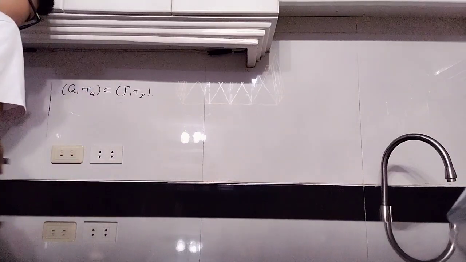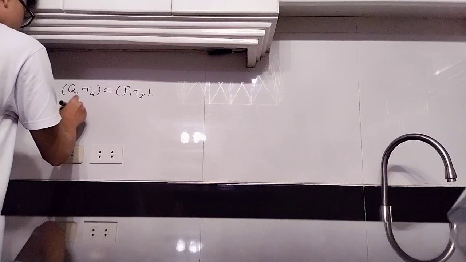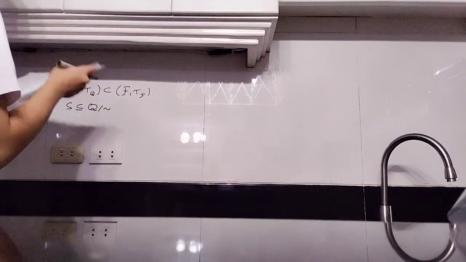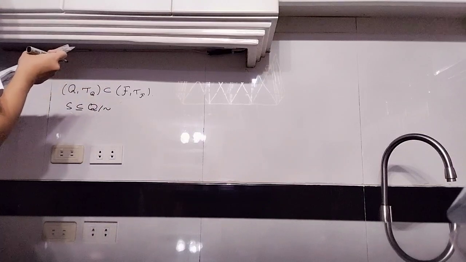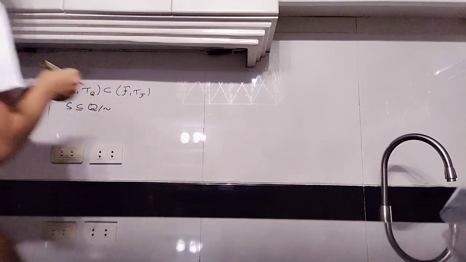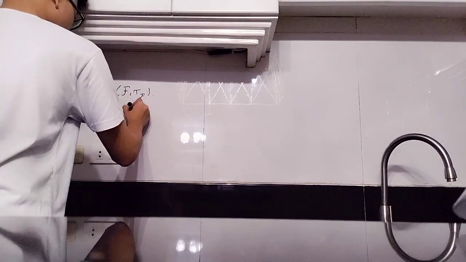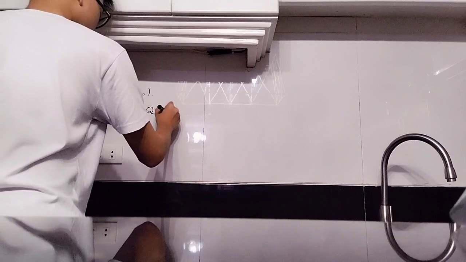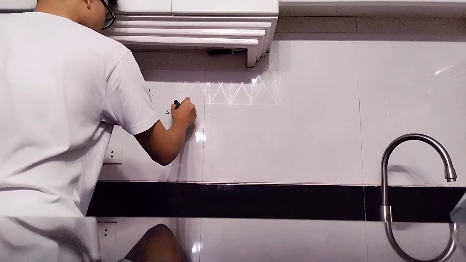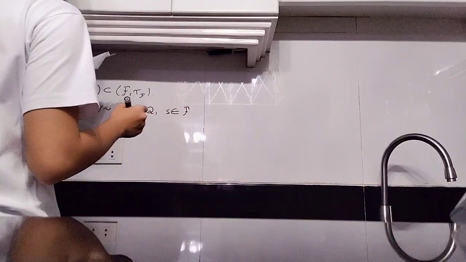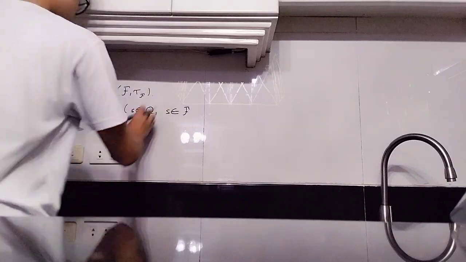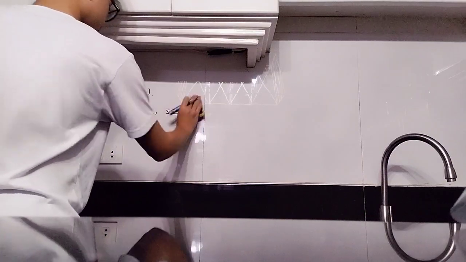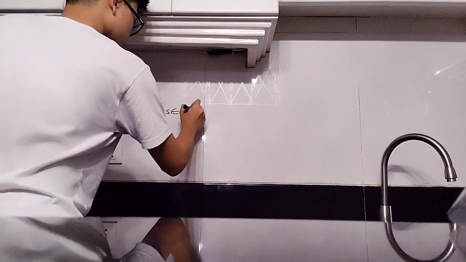So for every subset or open set S inside Q mod its equivalence relation, or the quotient set, particularly S is inside big S and S is inside Q.